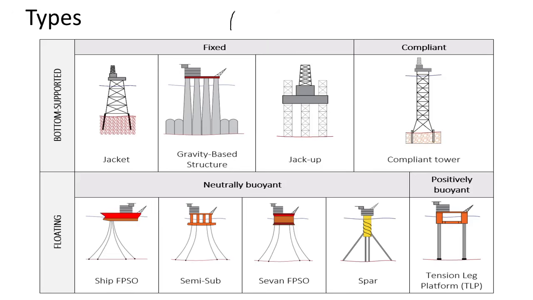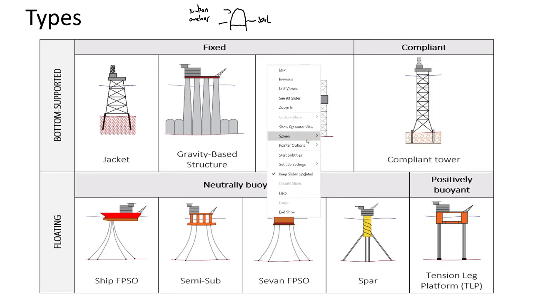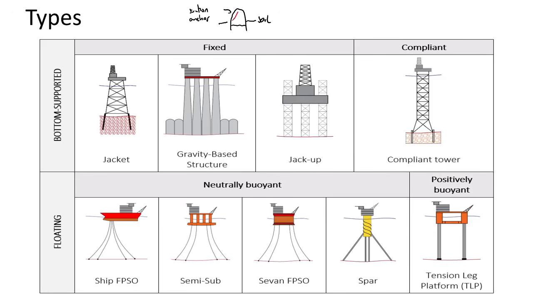Something like this shape that is hammered into the soil, and then you will have some fluid inside. So this is the soil, this is the suction anchor, and then you have some fluid inside. That can be air, it can be water. But then what you do is take a pump and extract that fluid.